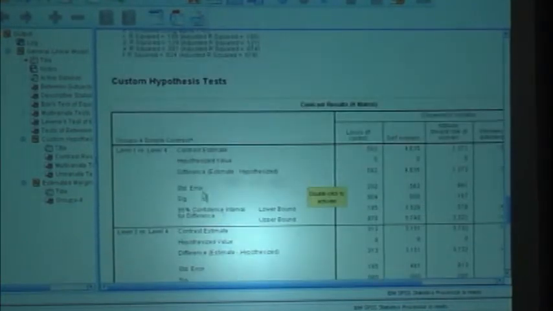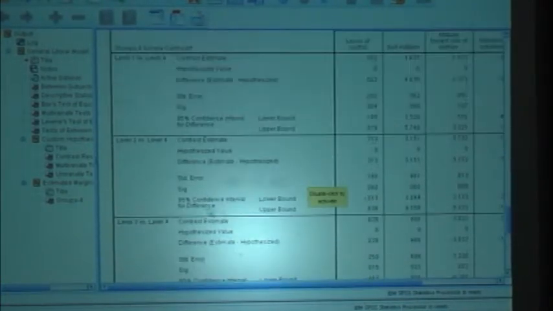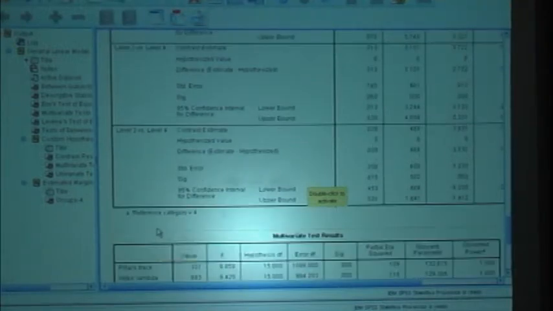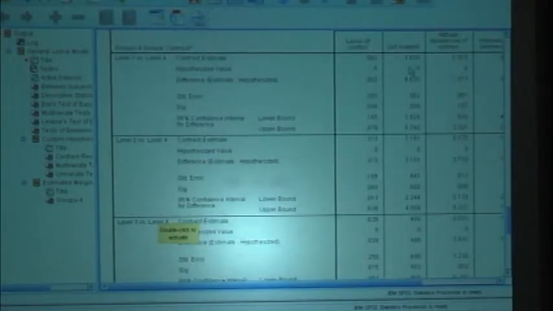All right, so there's the basic output, and then it says custom hypothesis tests, level 1 versus 4, level 2 versus 4, level 3 versus 4. So that gave us those contrasts. For each DV, it gives you the hypothesized value, the difference, and the 95% confidence interval. You can just look at the significance level.